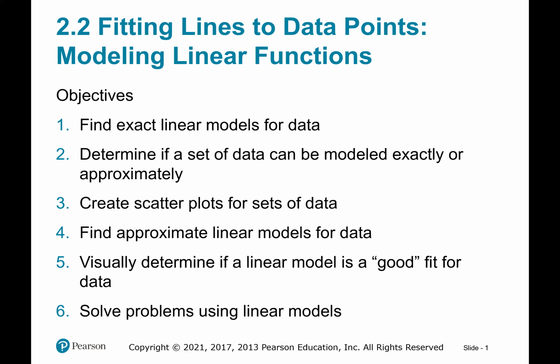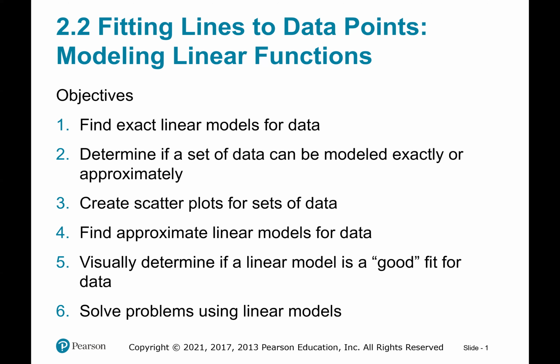And then we'll look at data where we're going to get an approximate model. So it's data that's pretty linear, but there's not an exact model that fits the data. So we can use techniques that we learned in the previous chapter to find an equation of a line that fits the data. And then we're going to use our calculators.